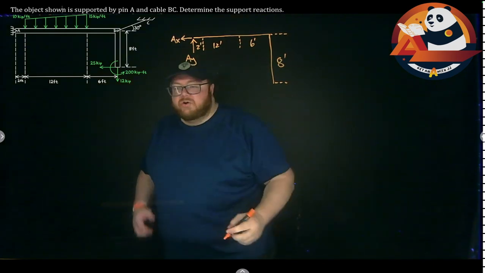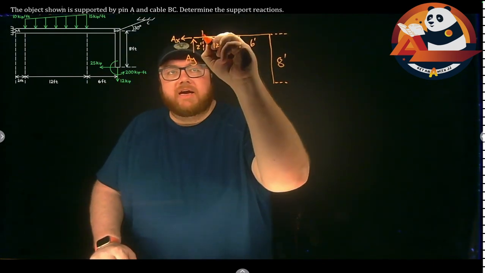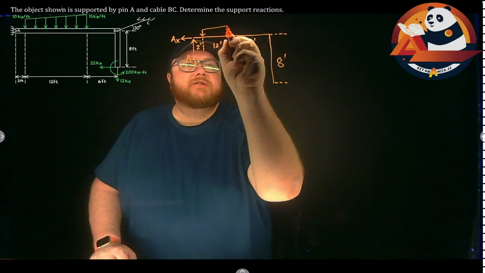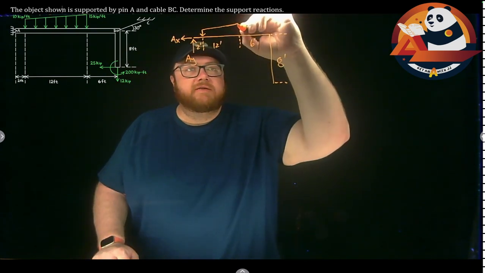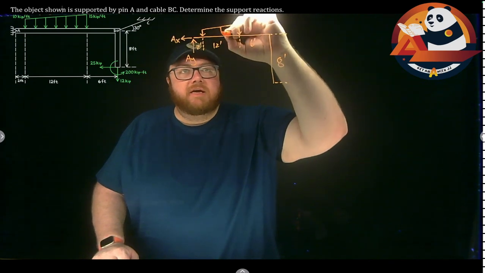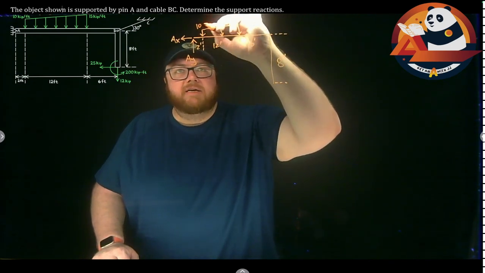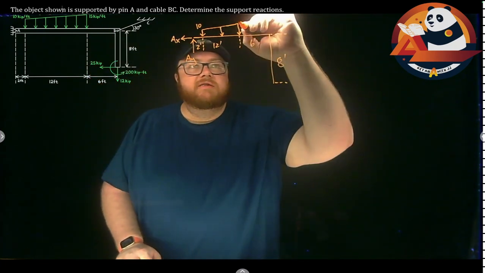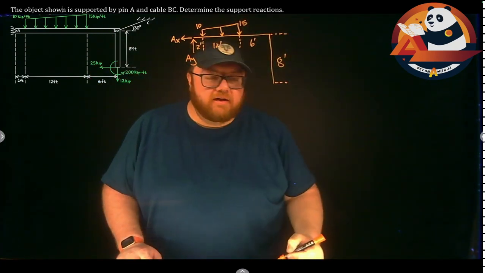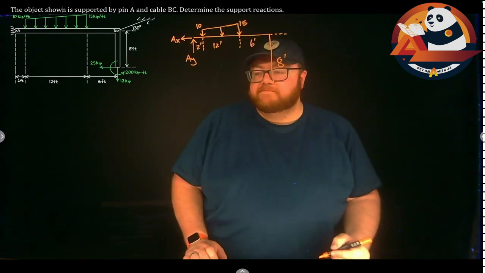Let's get that distributed load in here. On the left edge, our short edge, we are at a height of 10 kips per foot, so label that. And on the right edge, we are up at 15 kips per foot. So 15 out here, kips per foot as we go in there.